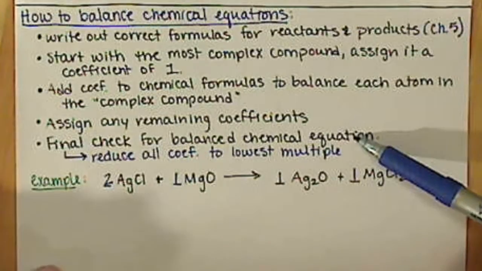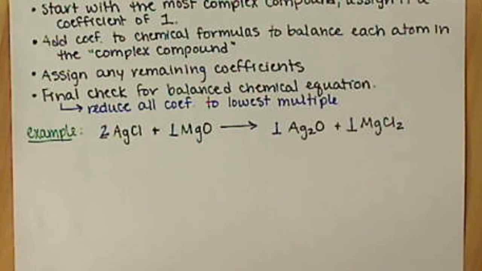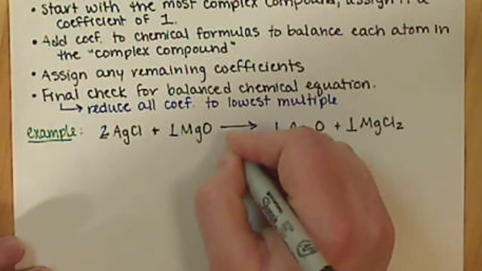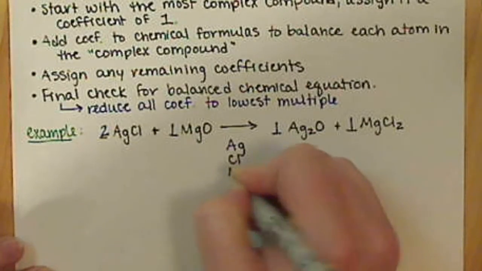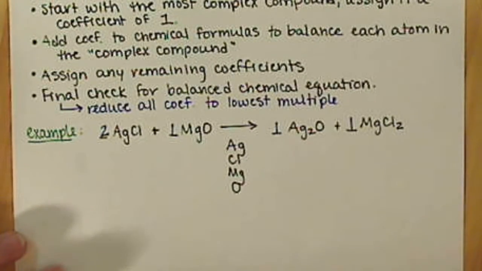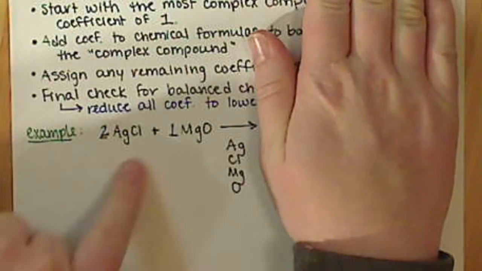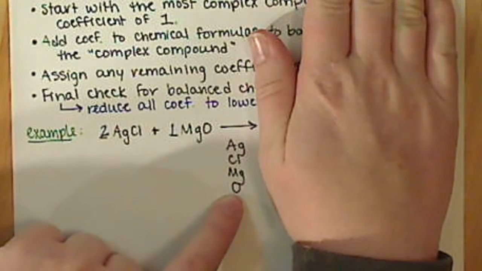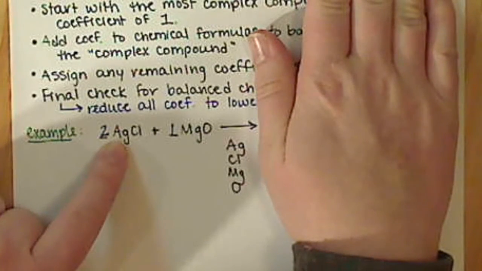Now I want to do a final check for my balanced chemical equation. And how I do that is I list my elements. Then, it's really hard, but you want to not cheat and you want to look at one side at a time. So I want to look at my left-hand side, see how many atoms of each of these elements I have. So I have 2 silvers.